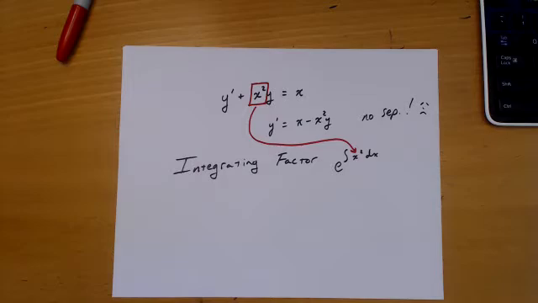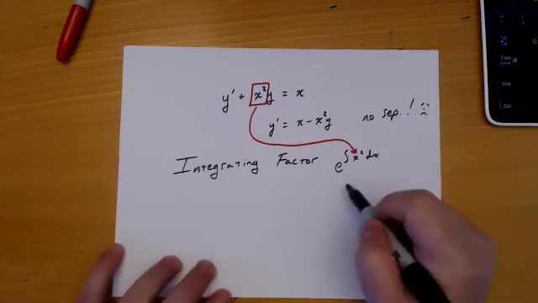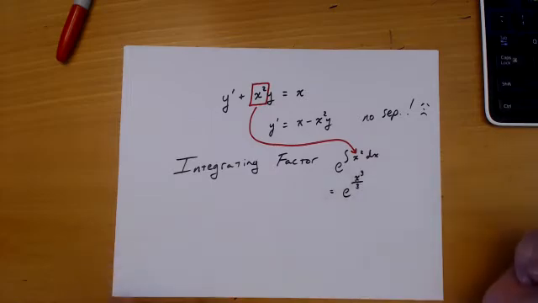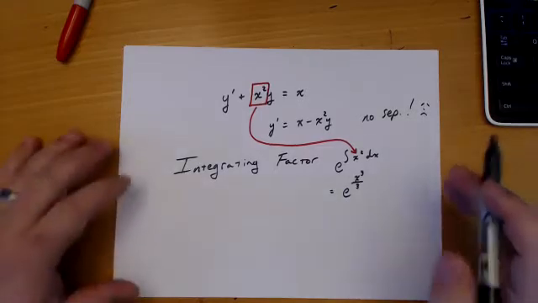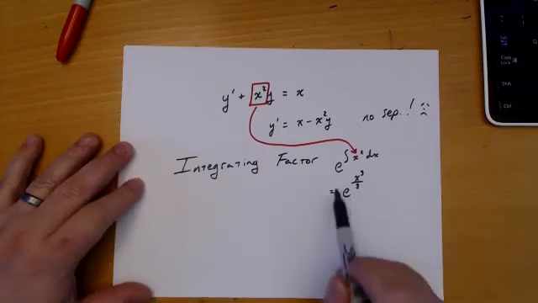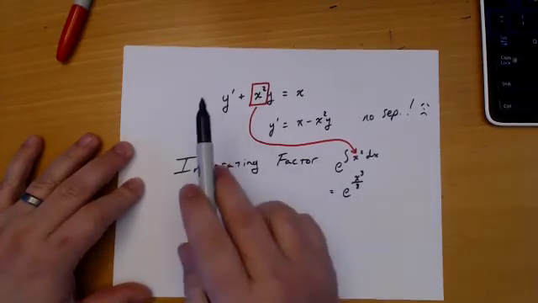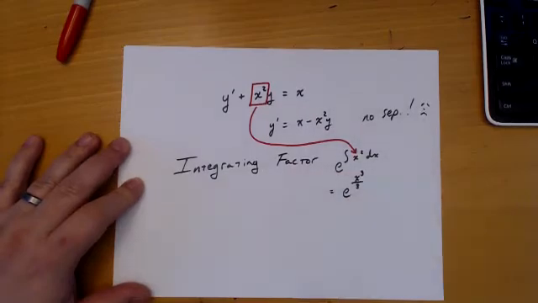Okay. Now, let me just go through an example and show you how this one's going to work. Okay. So this becomes e to the x cubed all over 3. Now, the cool part is that I'm going to take this integrating factor and multiply it to everyone in the entire equation.